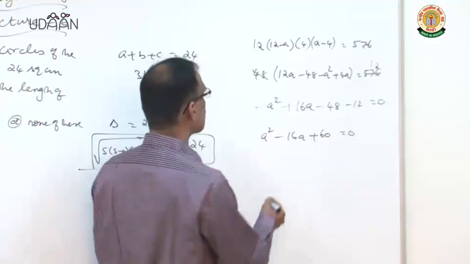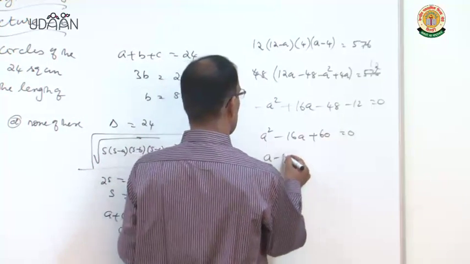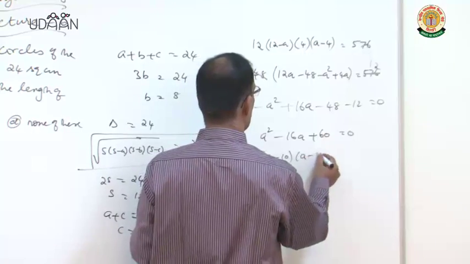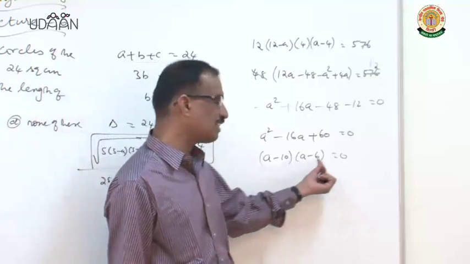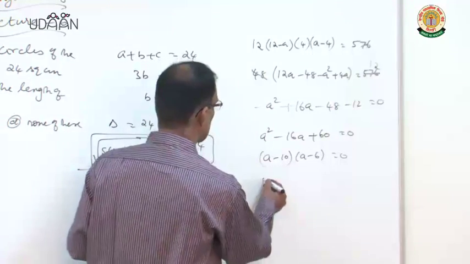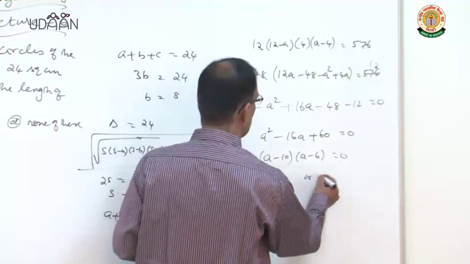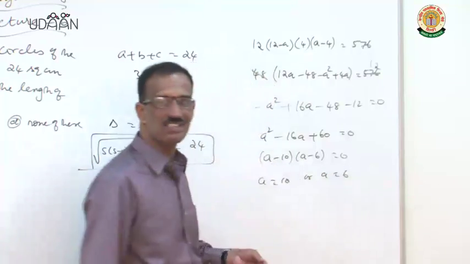So, if you factorize this one, you get A minus 10 into A minus 6 equals 0. So, A equal to 10 or A equal to 6 we get.